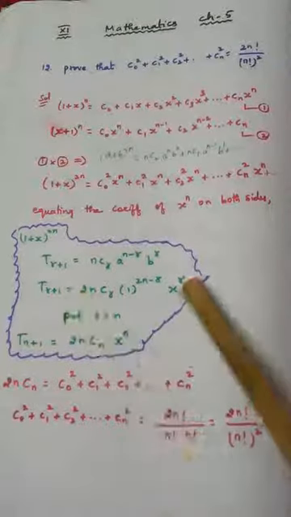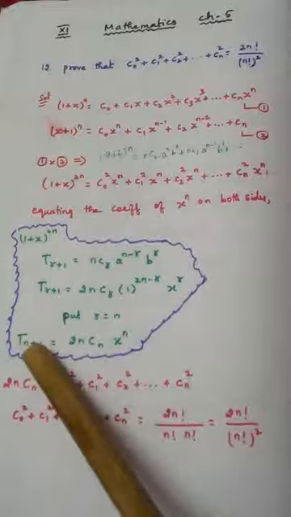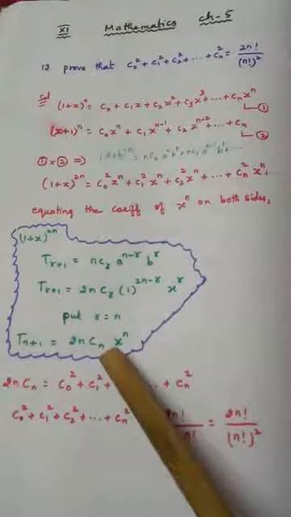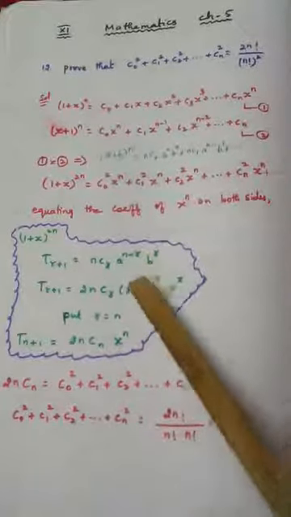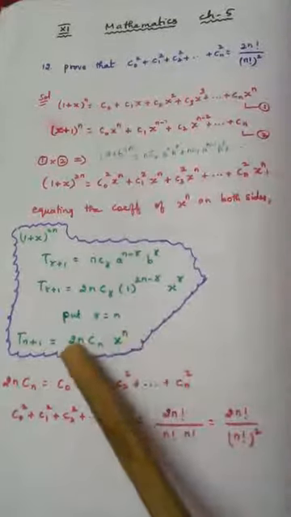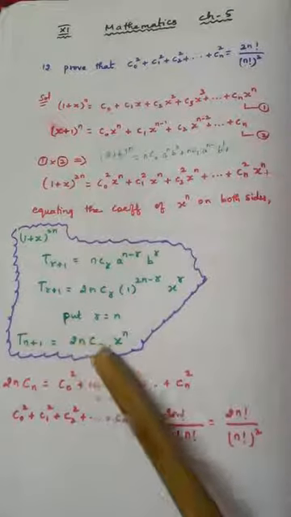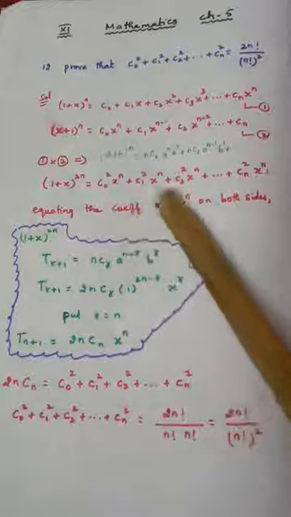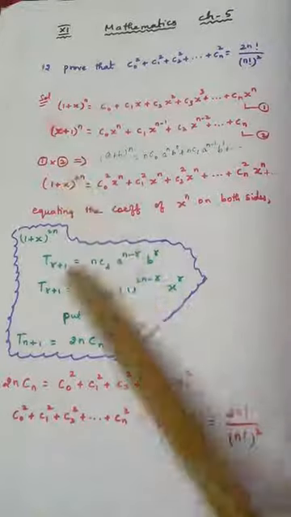So this line becomes T(n plus 1) is equal to 2nCn. Again in place of r, writing n. 1 power anything is 1. So leave this x power n. So what is the coefficient of x power n now? 2nCn. So to find the coefficient of x power n of the left hand side, we are doing this.